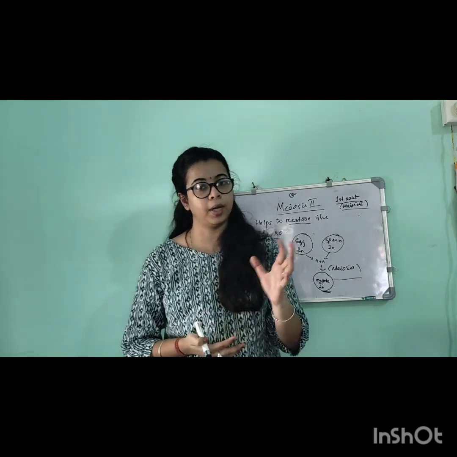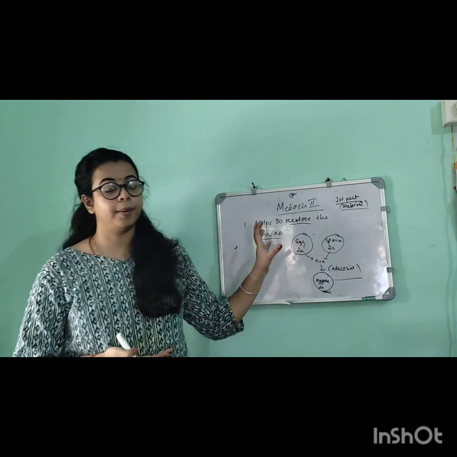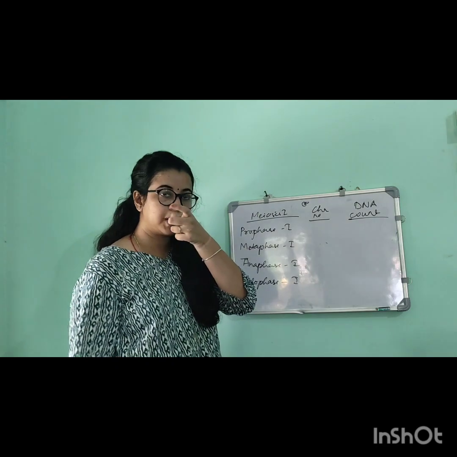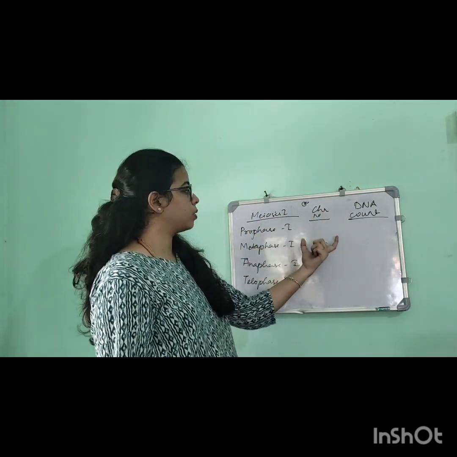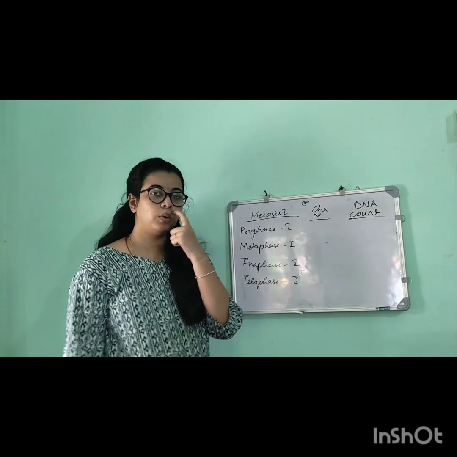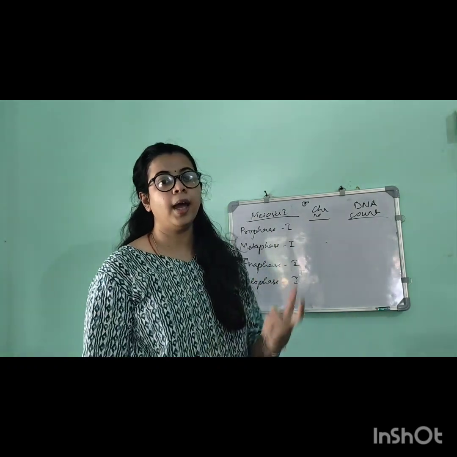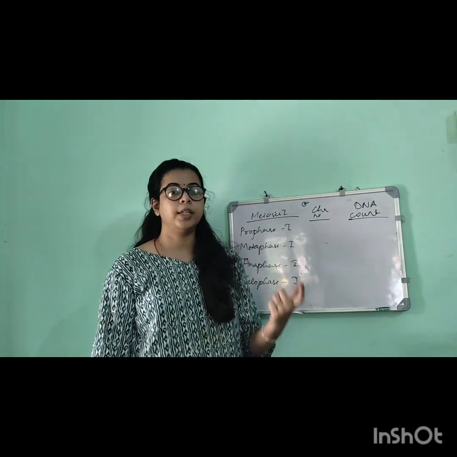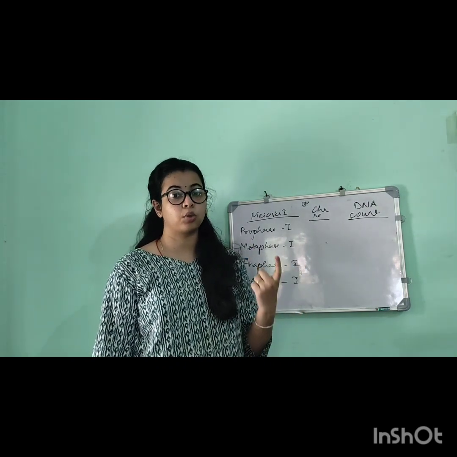A simple trick we will understand, and you can note down this chart also. We will discuss meiosis 1, what is the chromosome number at each stage and what will be the DNA count. If you begin, if you know the simple thing that we have 46 chromosomes, that is 23 pairs, okay, 23 pairs of chromosomes and 46 total chromosomes.